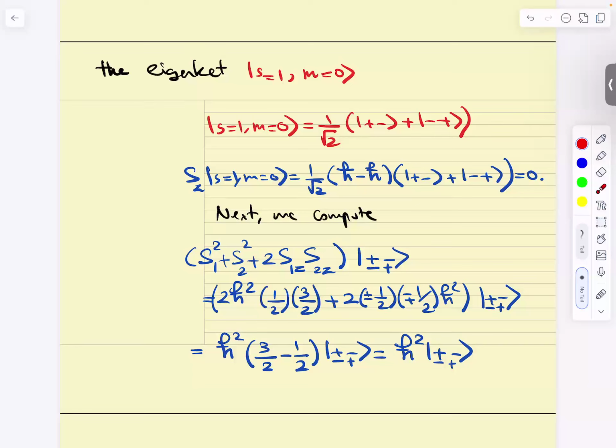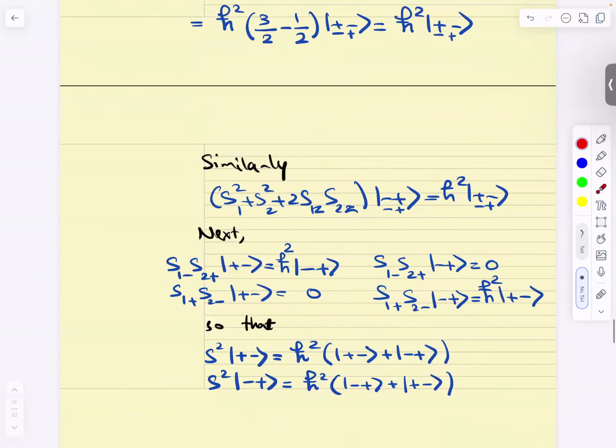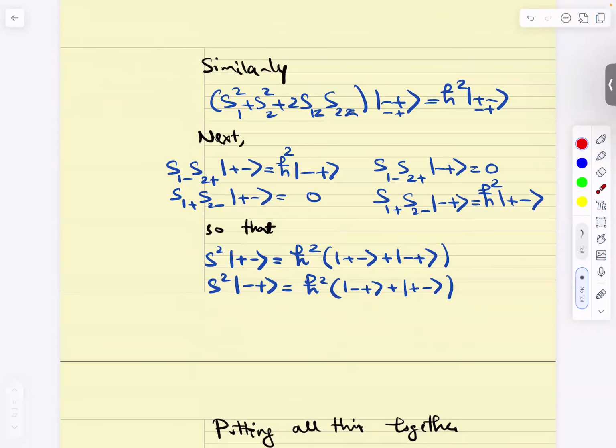Now, this is the term which is going to mess up everything. How does S1 minus S2 plus act on plus minus? This guy will bring plus down to minus. This guy will raise minus to plus.